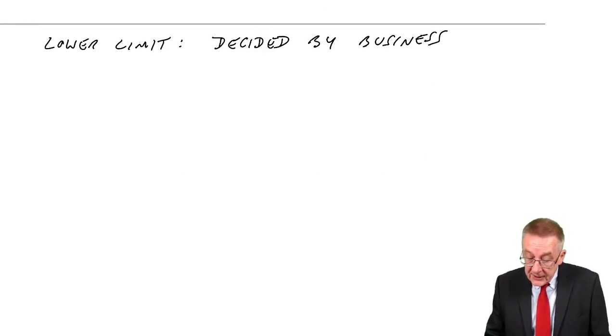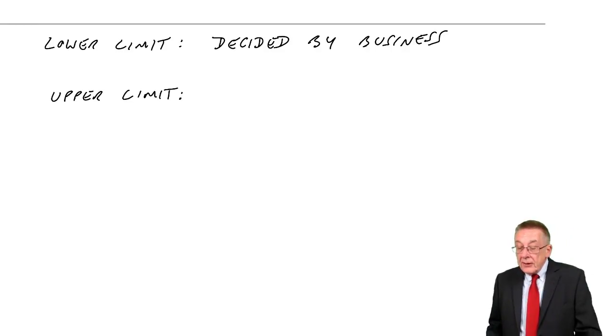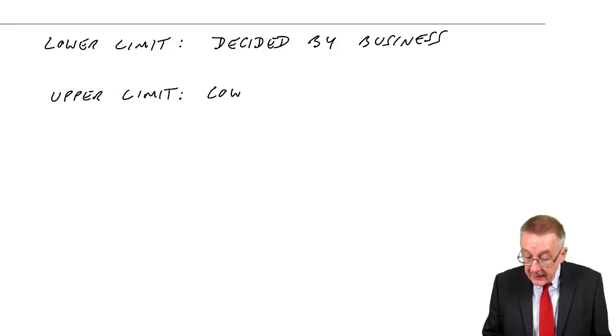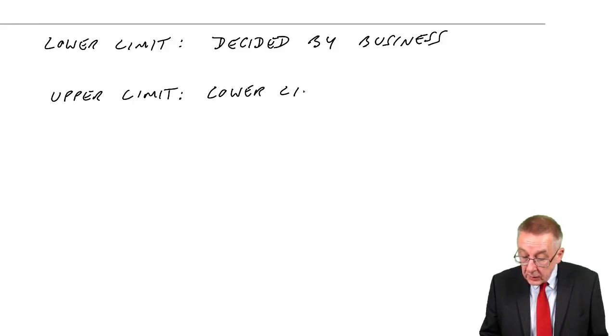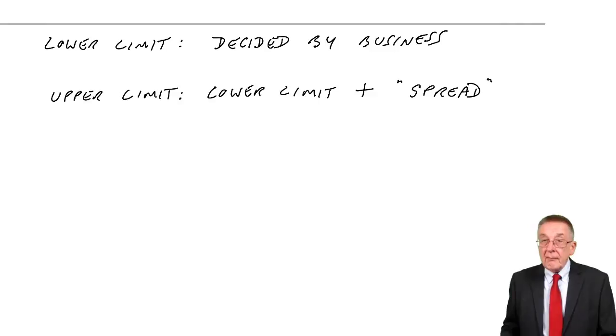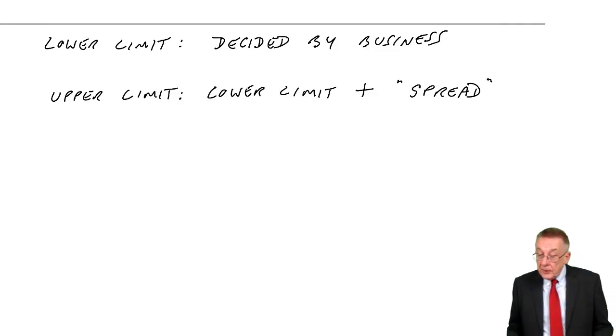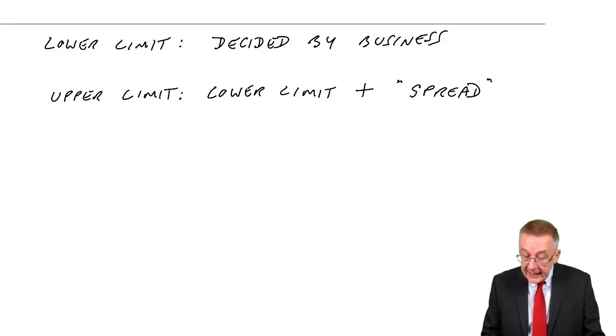As far as the upper limit's concerned, the upper limit is the lower limit, which again you would be told, plus what we call the spread. And for the spread, there is a formula, and I've typed it just above example 3.